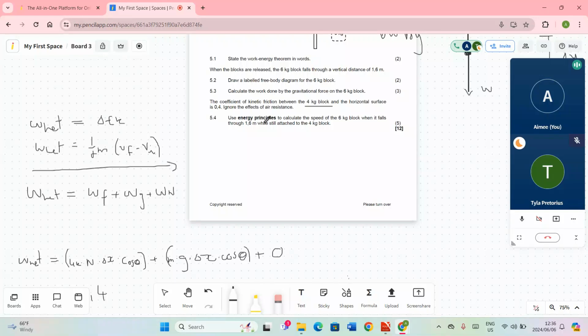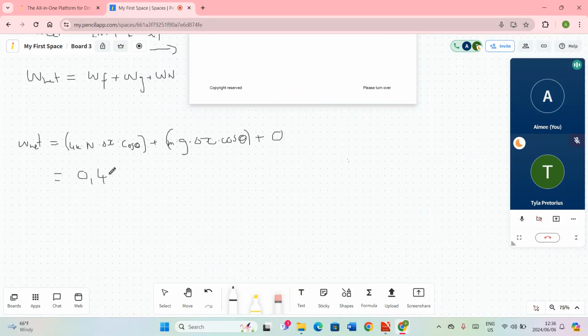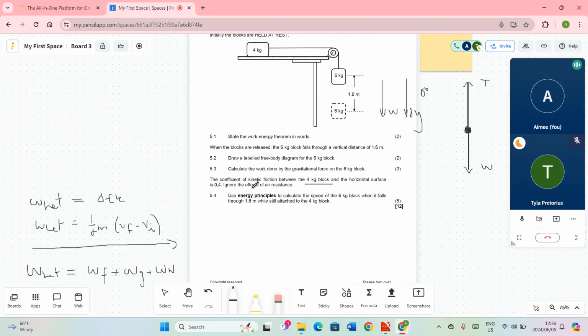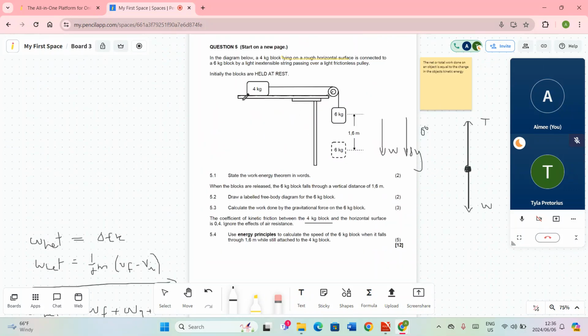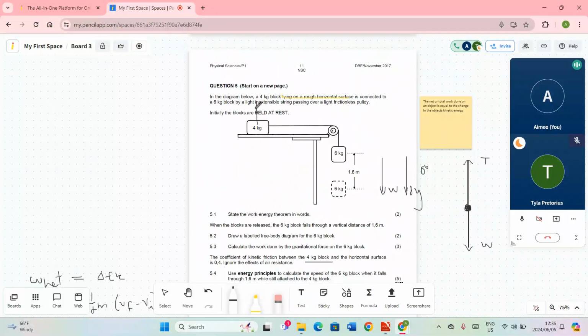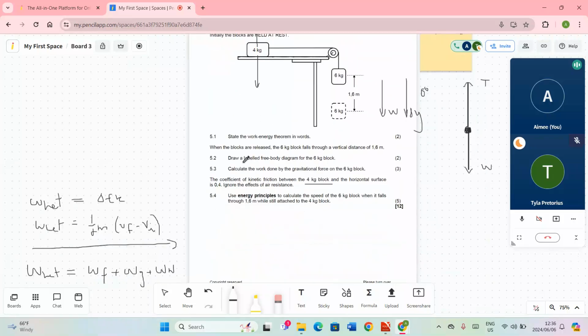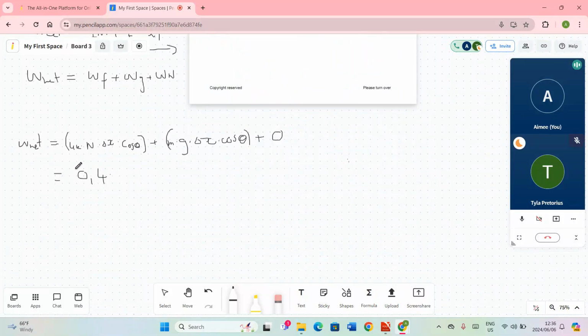This is the coefficient of kinetic friction, okay, multiplied by our normal force. And for the 4 kilogram block, your normal force is equal to your weight, okay? Because remember in the beginning I explained to you normal force is equal to weight if we have no other forces at an angle. So weight is equal to what? 0.4 multiplied by 4 multiplied by 9.8, okay?